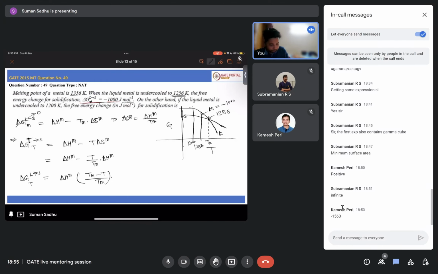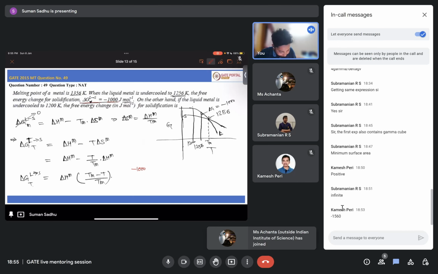So you have two temperatures. At one temperature, minus 1000 is equal to delta Hm into delta T, so delta T in this case is 100, right, and divide by Tm. So this you don't know.